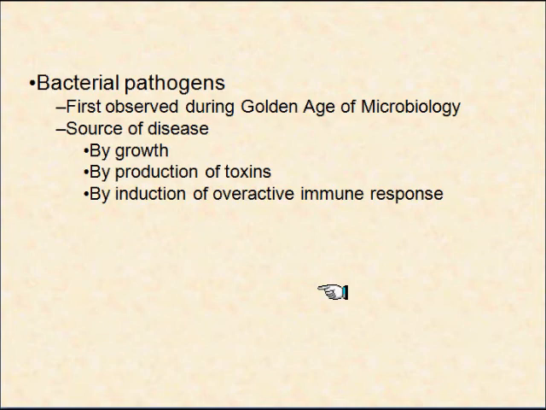Koch's postulates are all about associating a particular disease state with a particular microorganism. And so this was all first observed within that golden age of microbiology. So there are pathogens that are sources of disease. They cause their disease a number of ways. By growth, they can overwhelm a system in their growth, or overwhelm the system with a byproduct that they made, which can include toxins.